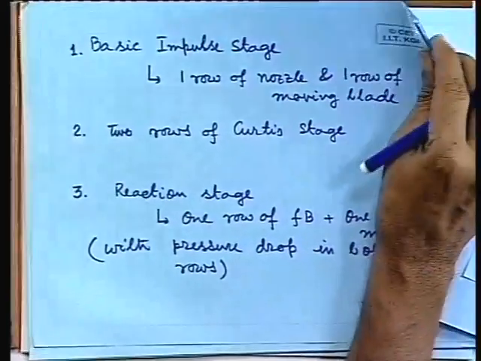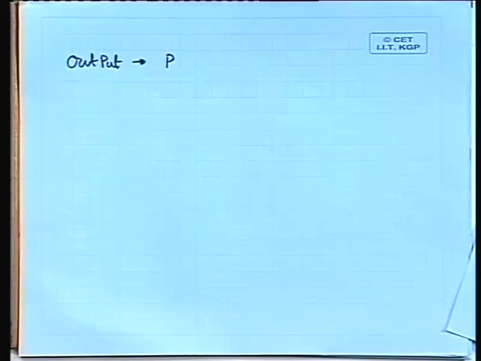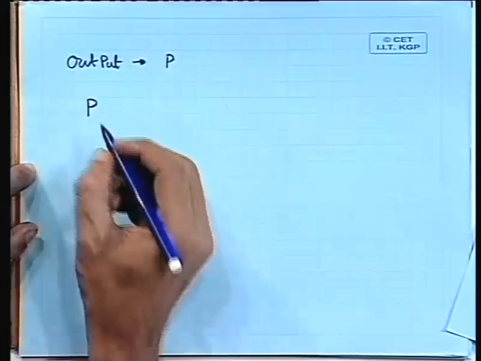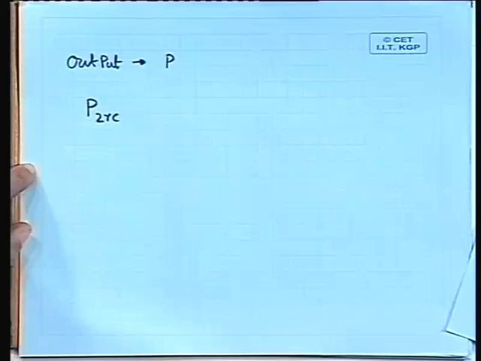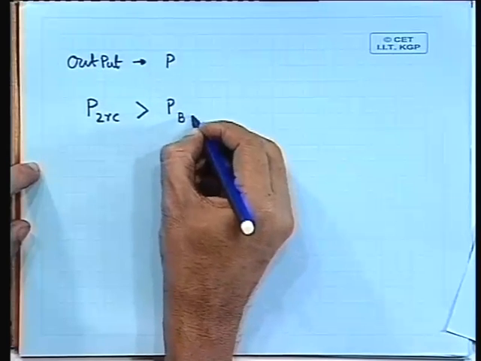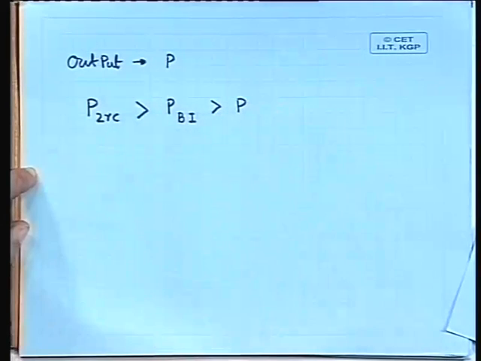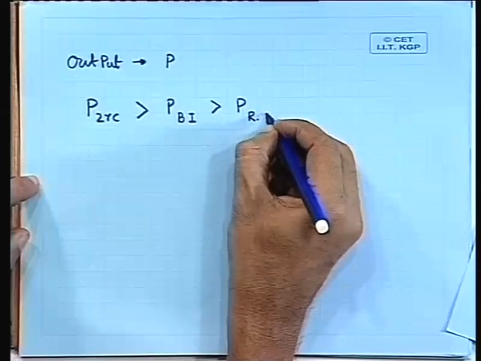Now, if we make a comparison, then we will see the output, let us denote output by P. So, we will have P of two rows of Curtis stage greater than P of basic impulse stage, that will be greater than P of reaction stage.